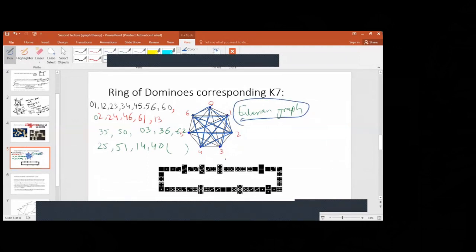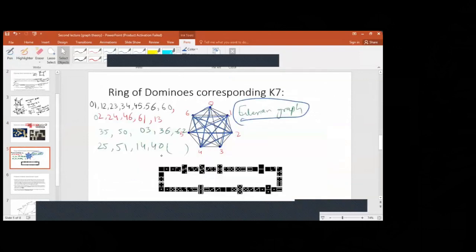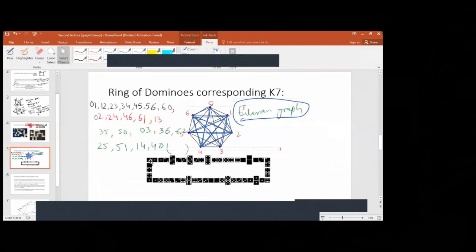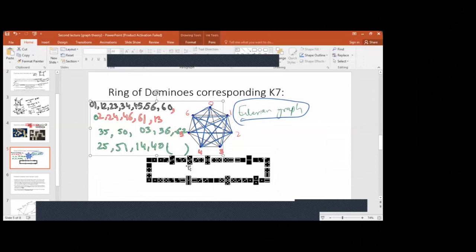When we follow this, consider the tiles of dominoes: 0-1, 0-1, 1-2, 2-3, 2-3, 3-4, 3-4.